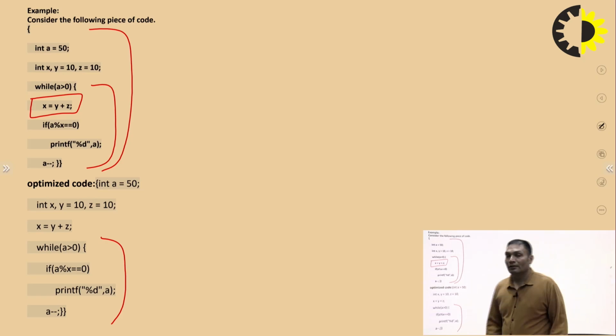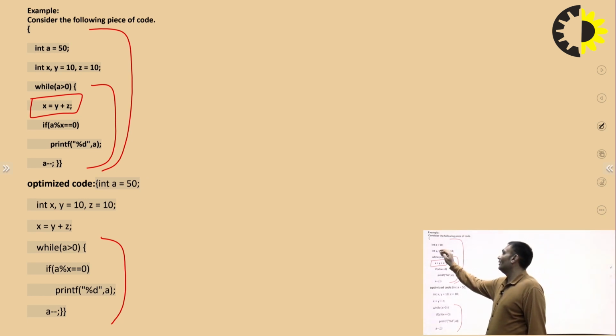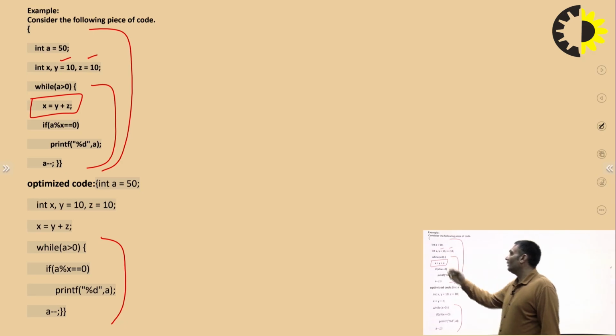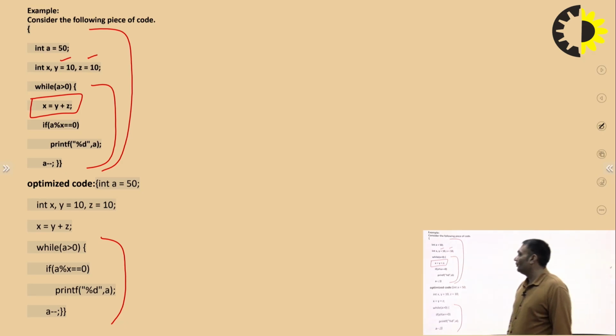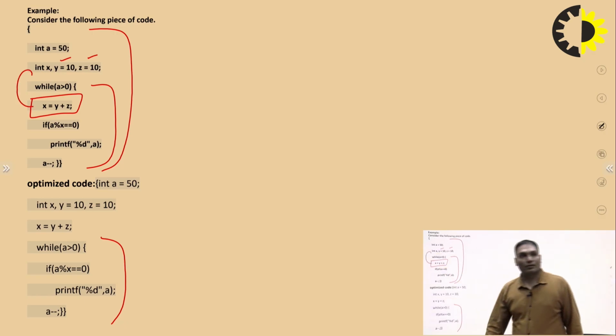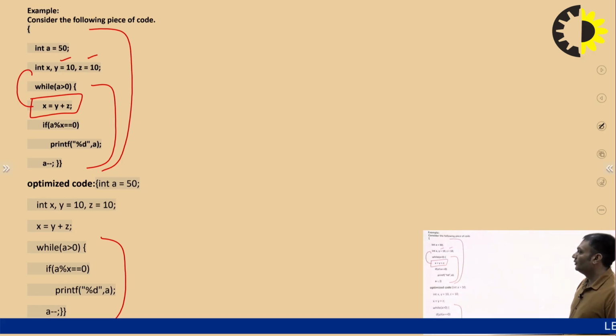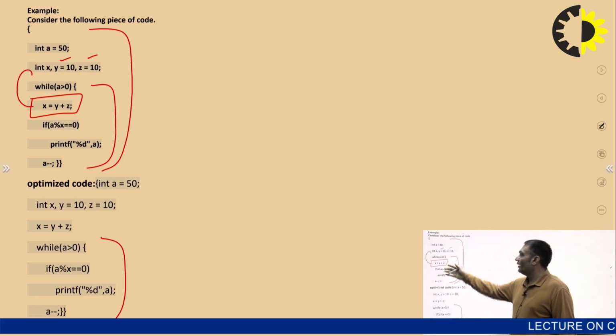When we are calculating x equal to y plus z, and the y and z values are fixed, then why are we writing this inside the loop? If this value is constant, we will just put this statement outside the loop. It will reduce the overhead of the while loop.